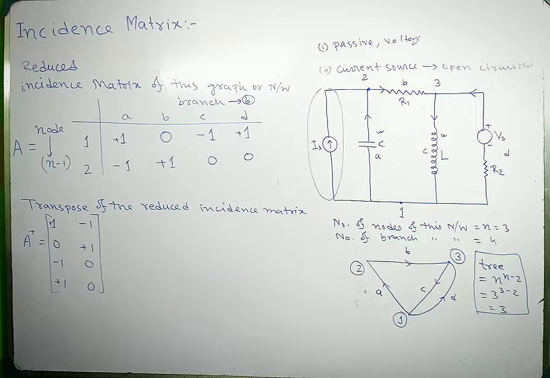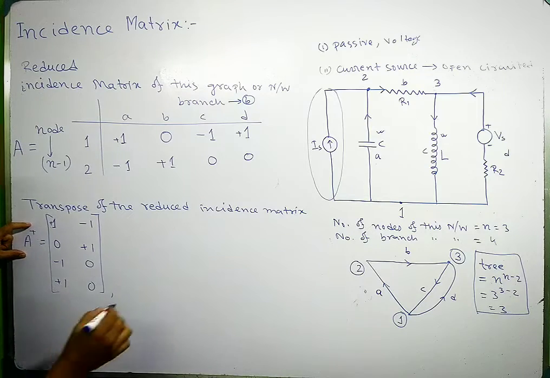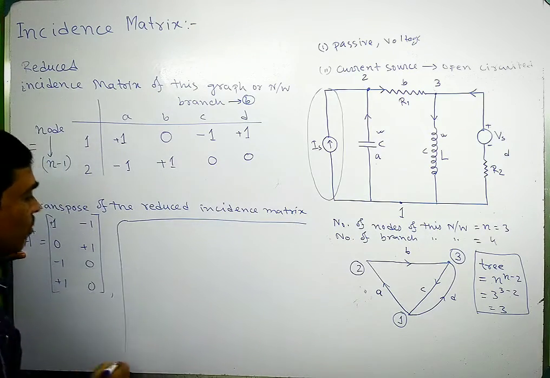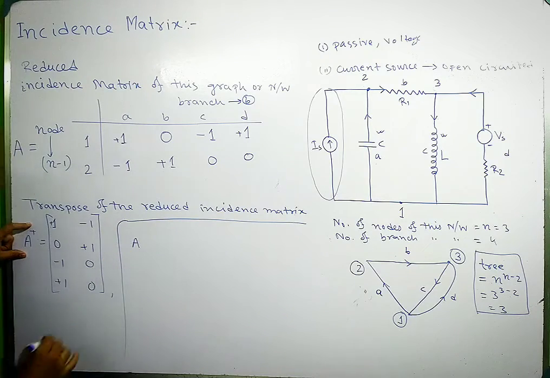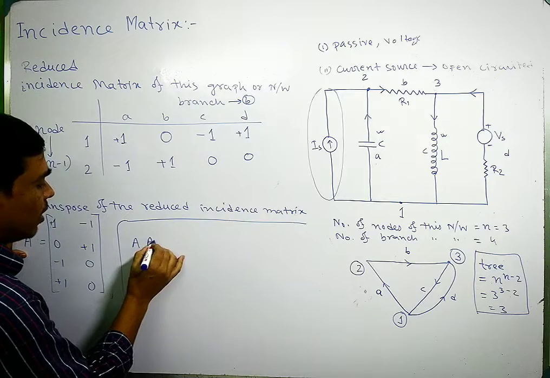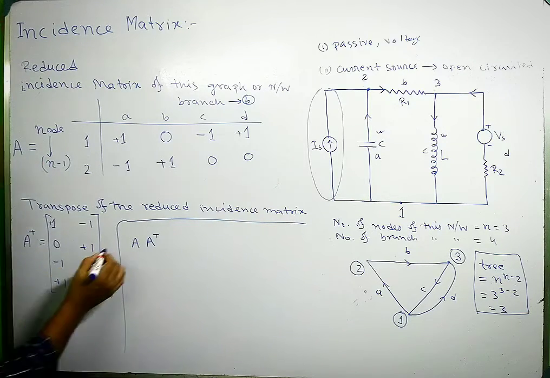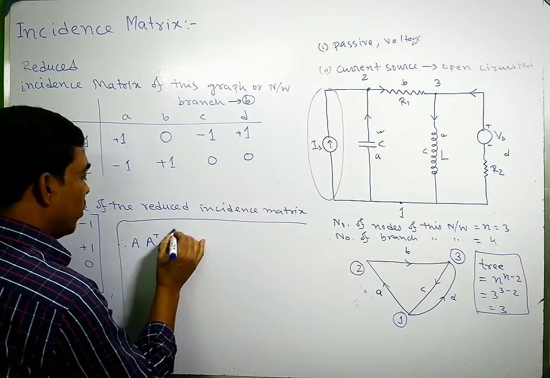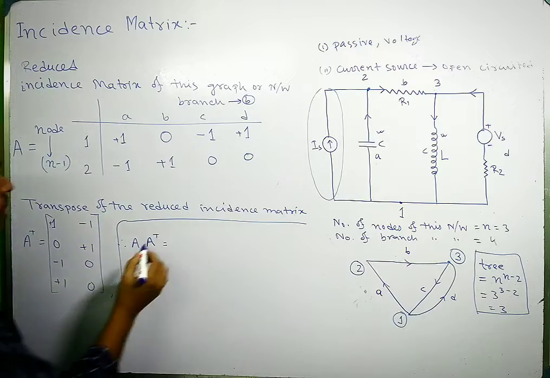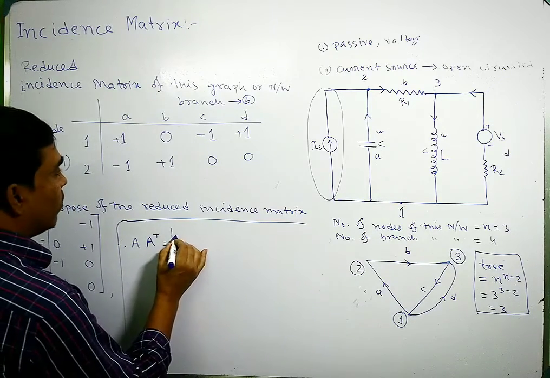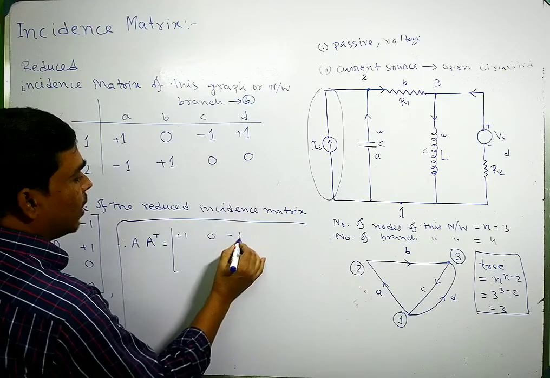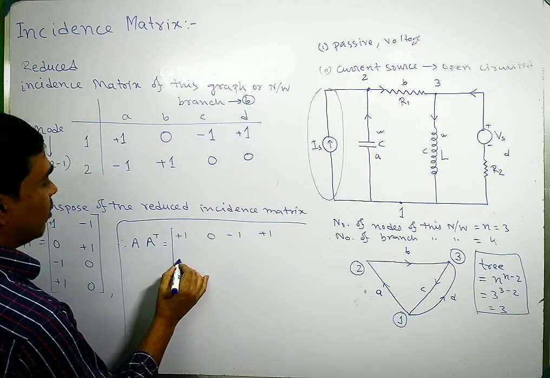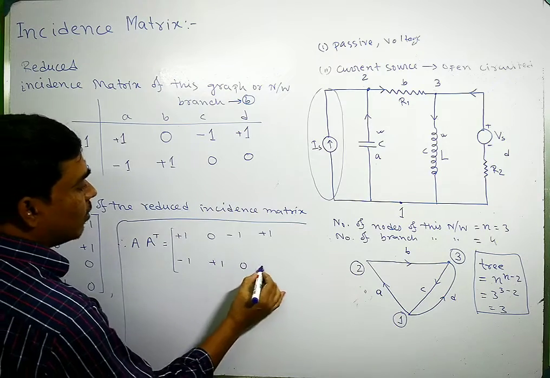Now if you multiply this by this, the multiplication of A and the transpose of A, so if I multiply this incident matrix with the transpose of the incident matrix, then it will be plus 1, 0, minus 1, plus 1, this is minus 1, plus 1, 0, 0.